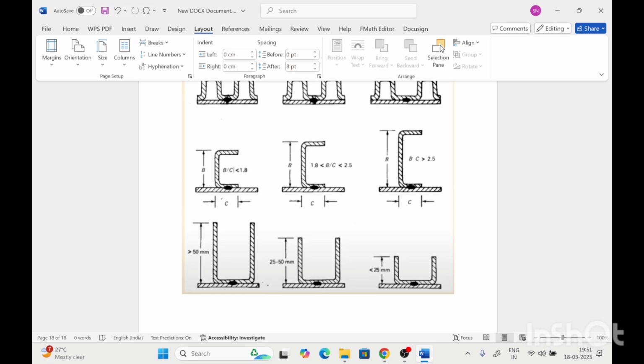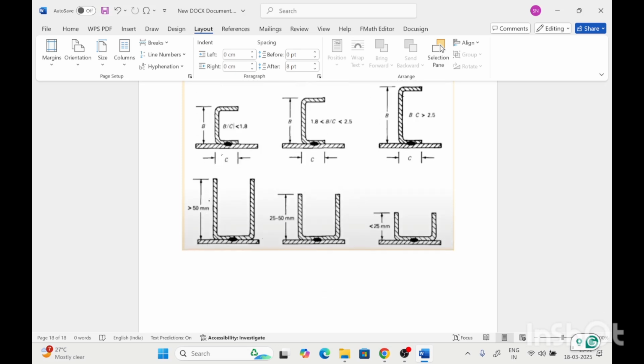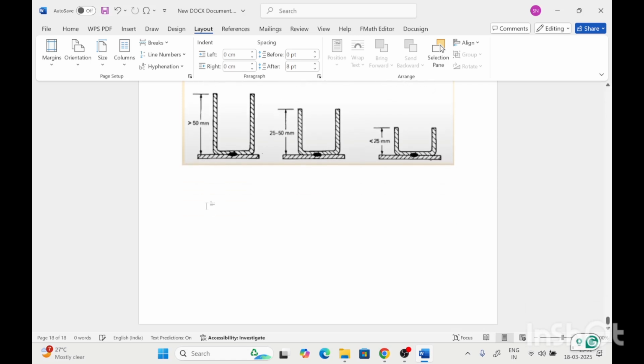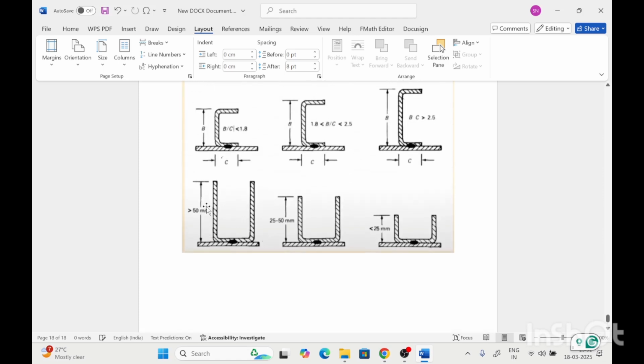Similarly, for this also, the height should be reduced to get the proper welding joint. So the resistance spot welding is completed.